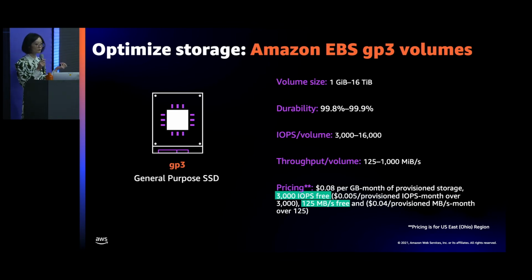Regardless of volume size, GP3 gives you a base of 125 megabytes per second of throughput and also 3,000 IOPS. But if you want higher IOPS and higher throughput, it's also possible. The highest throughput is 1,000 megabytes per second, which is about 4 times higher than the maximum throughput of GP2 volume types at the moment.